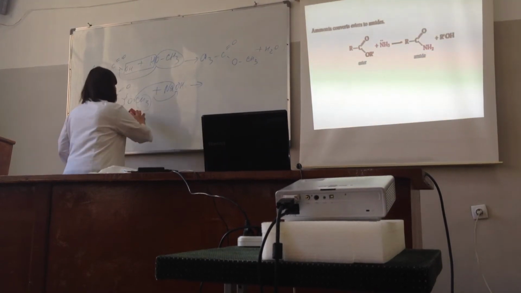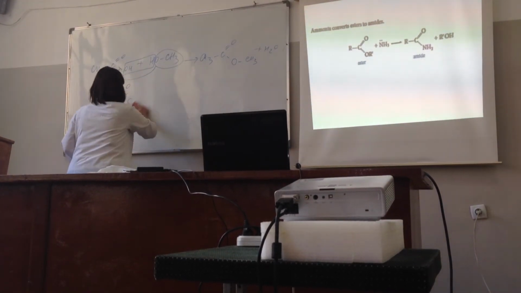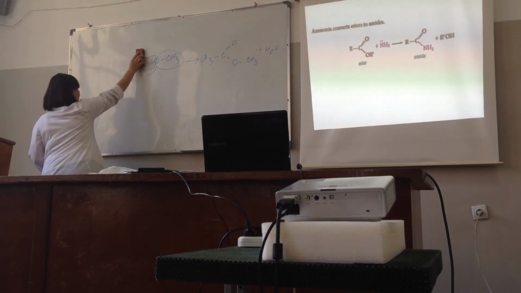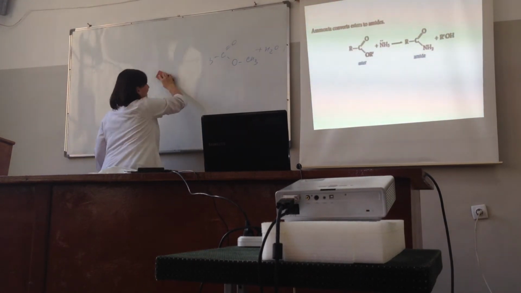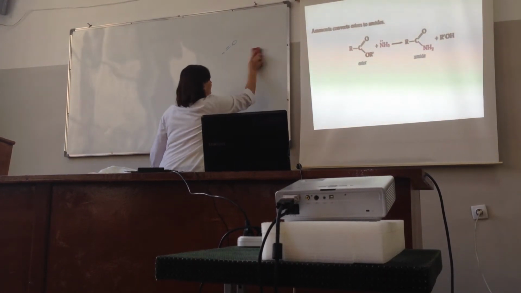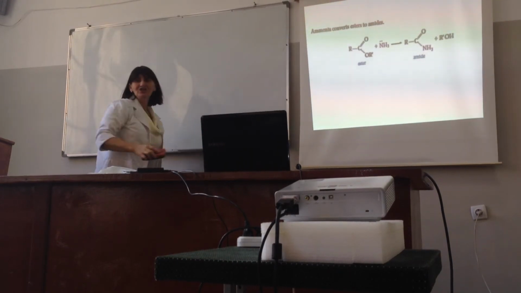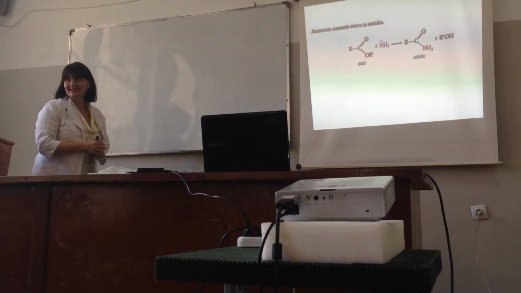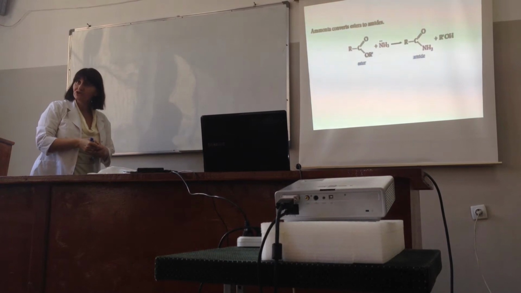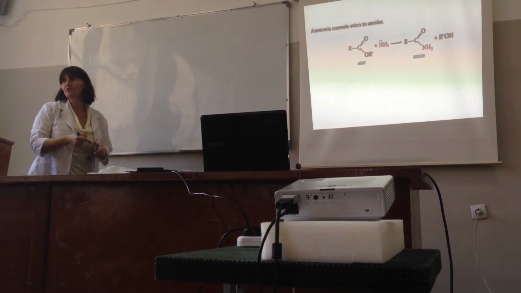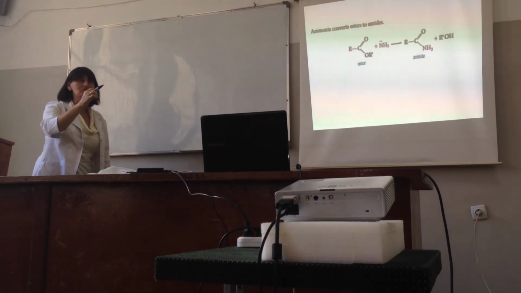Now, next reaction is reaction with ammonia. If you have any ester and ammonia, the name of this reaction is aminolysis. Hydrolysis is the reaction with water and aminolysis is the reaction with NH3.